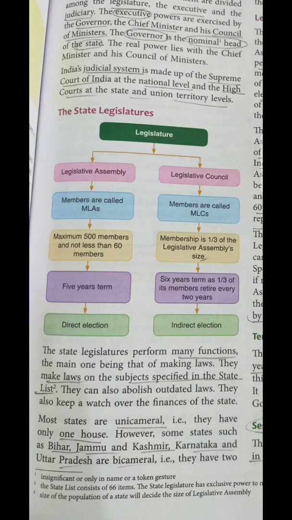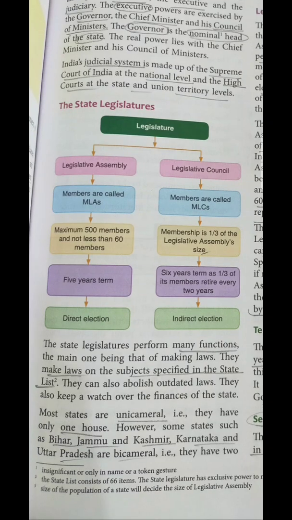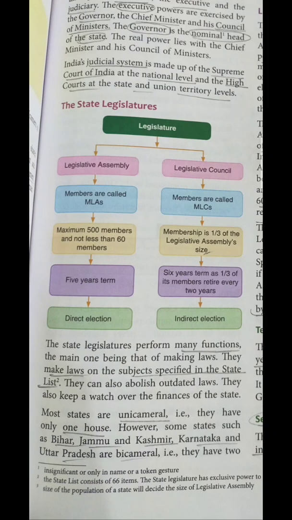In the legislative assembly, the maximum is 500 members and the number must not be less than 60. Sixty members are mandatory in the legislative assembly, and the maximum number of members is 500.